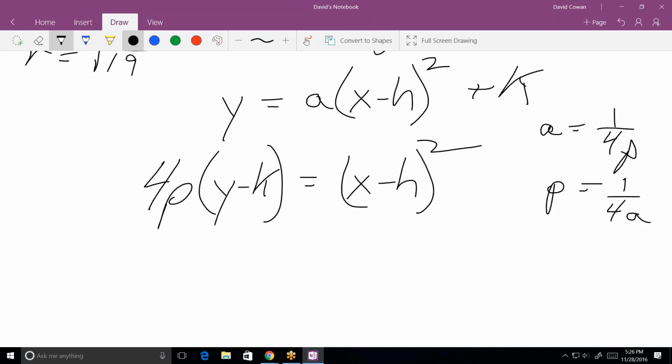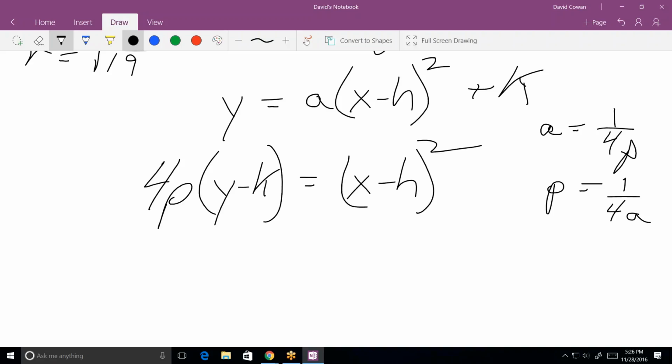And P is the distance to the focus. So usually when you're talking conic sections for parabolas, the focus is the most important thing after the vertex. Whereas when you're talking parabolas with quadratics, a year ago or 2 years ago, they never mentioned the focus or the directrix or any of that good stuff.